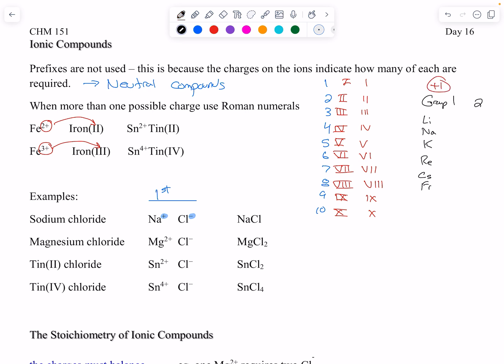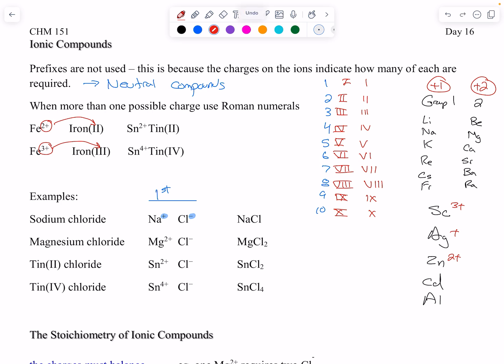Group 2 is beryllium, magnesium, calcium, strontium, barium, radium. Group 2 is +2 or 2+. Then you have scandium, silver, zinc, cadmium, aluminum. Scandium is 3+ or +3, silver's +1, zinc is 2+ or +2.